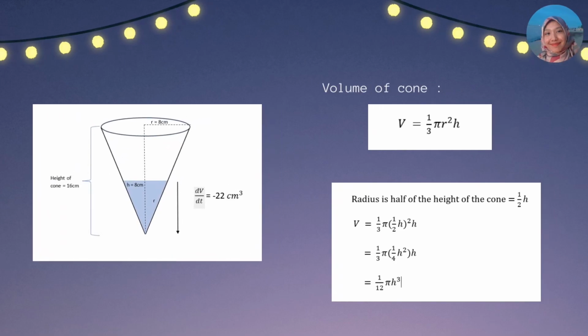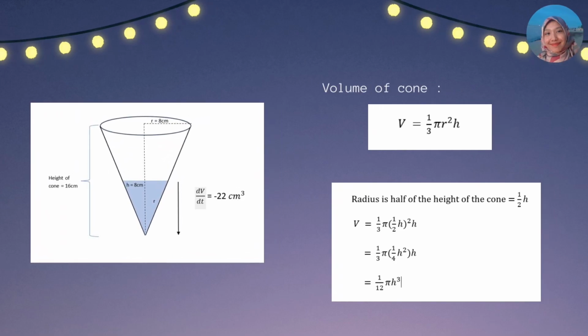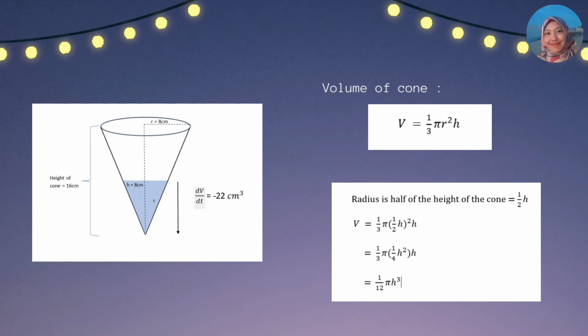Alice will explain further. After we determine the information, we had an inverted cone as the image. We apply the volume of a cone equation to find the rate of change of the water level or height of the cone, which is V equals 1/3 pi times r squared times h.